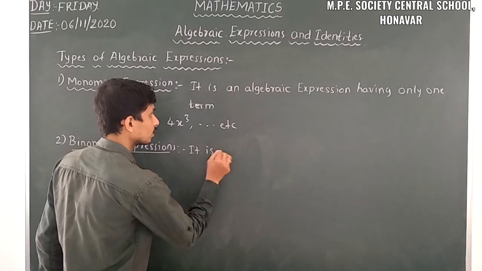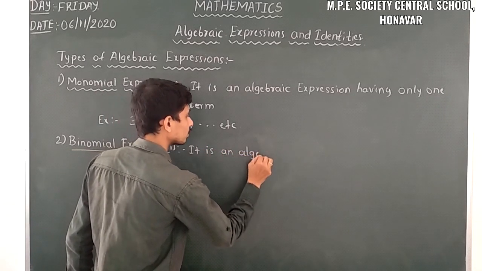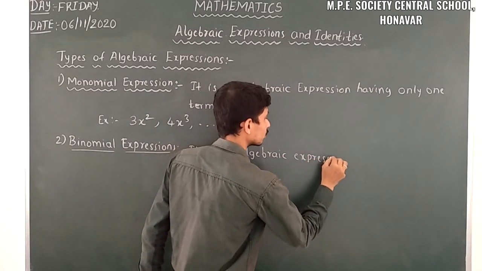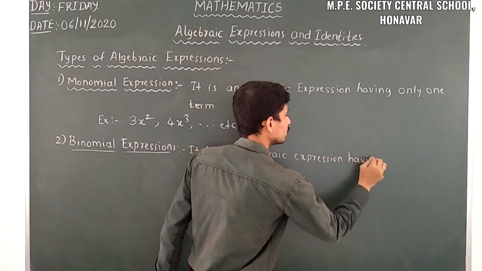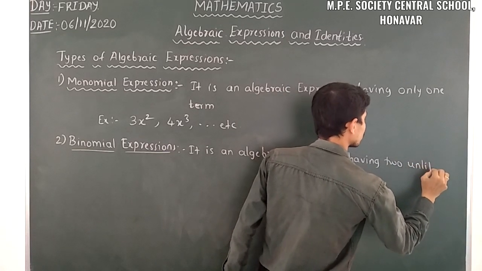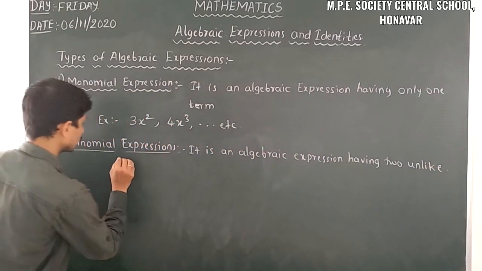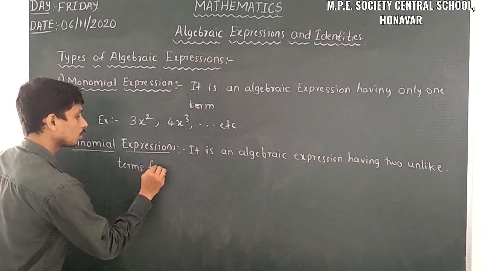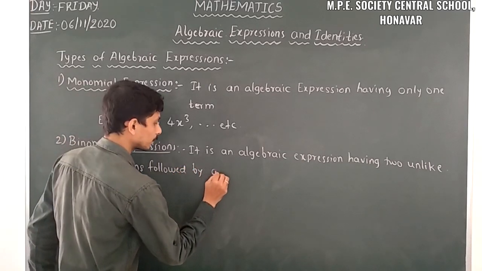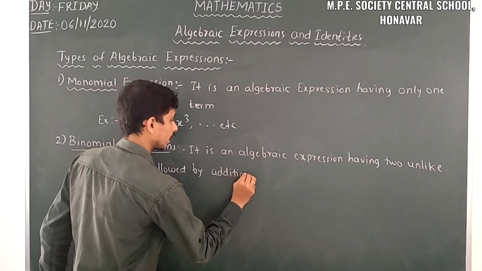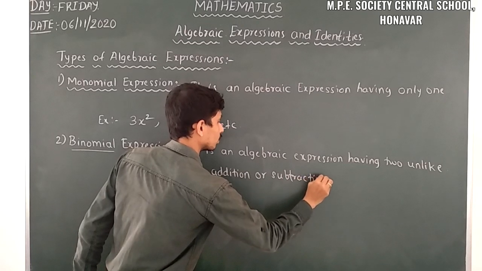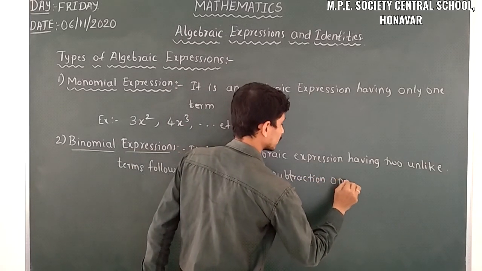It is an algebraic expression having two unlike terms followed by addition or subtraction operations.